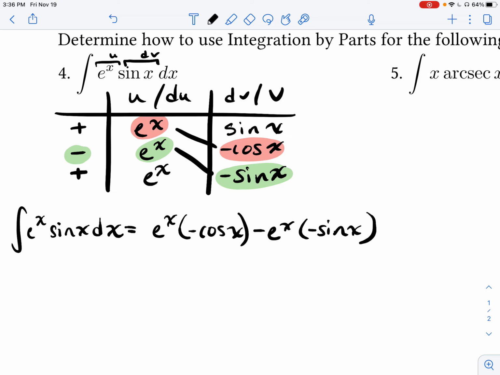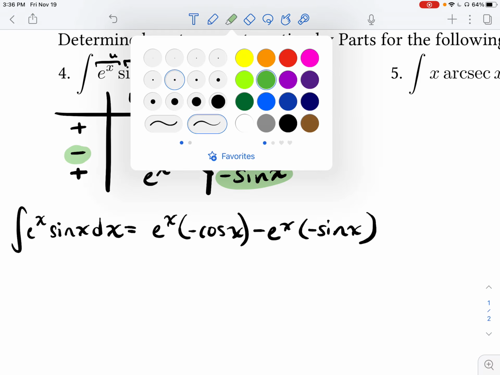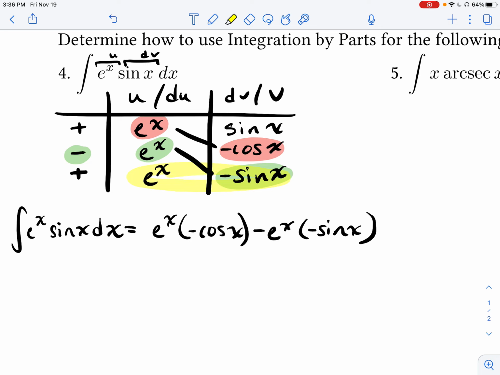What I want to highlight quite literally here is this row right over here. What I want you to see is that the integral of the product of this row is exactly what we were trying to integrate to begin with. Let me just write this here so we can all see that.